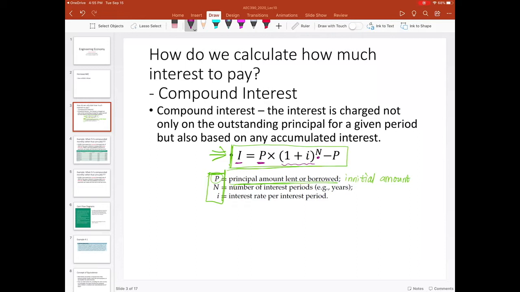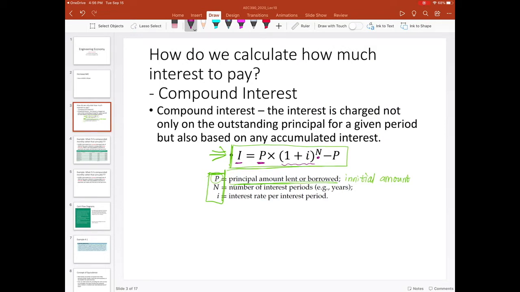To be specific, n is how many times you calculate the interest during those several years. And then you have to minus P so that you can get the interest itself.